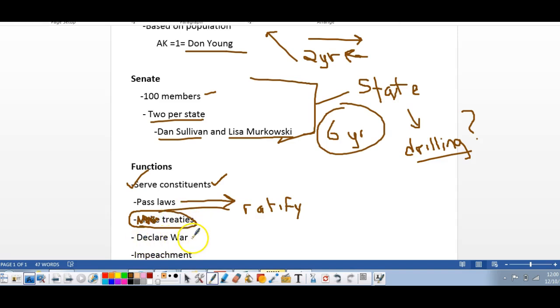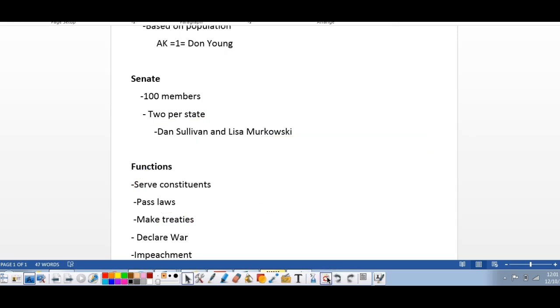And they also declare war. So if the president wants to go to war with another country, Russia, whoever it would be, they have to get Congress to approve that. Now lately, with the way things have been going in the world, the president and the executive office has been finding ways around that. So they haven't really had to go to Congress and declare war. And it's really important.